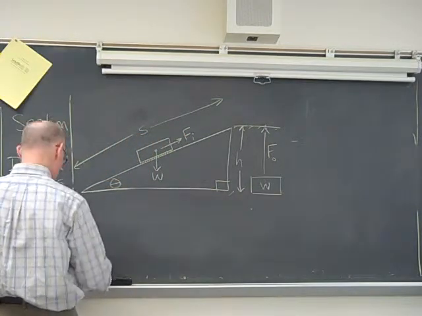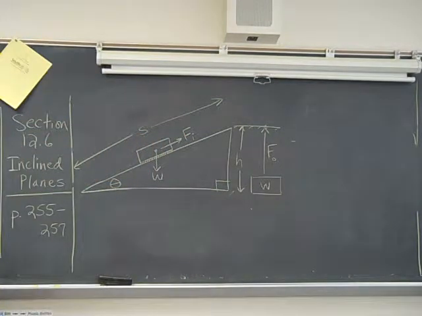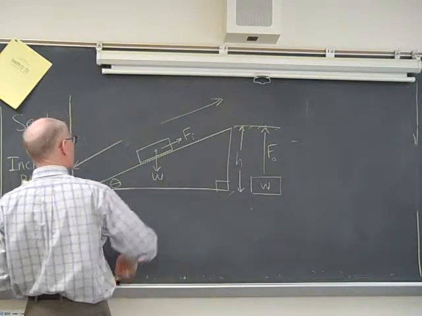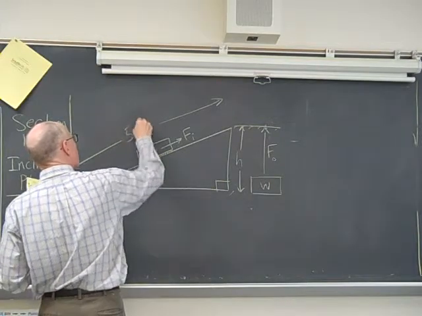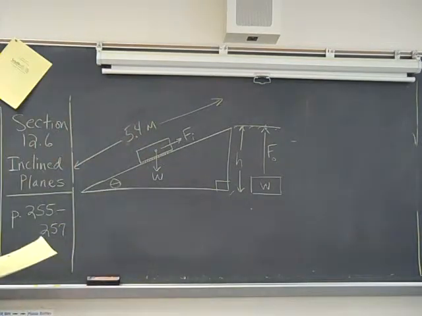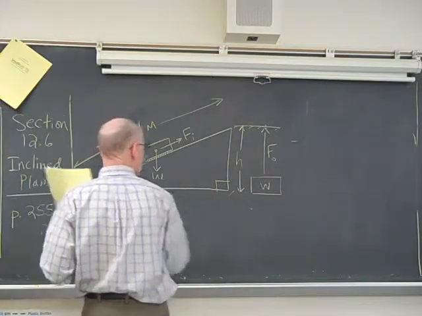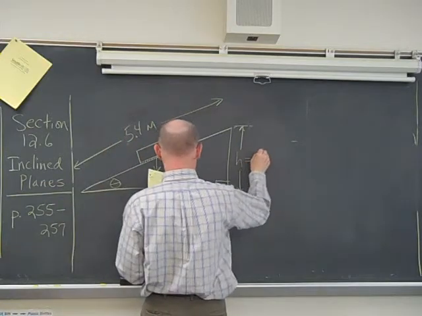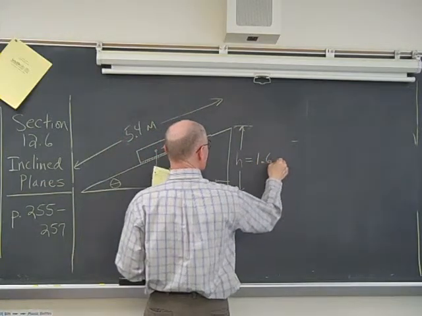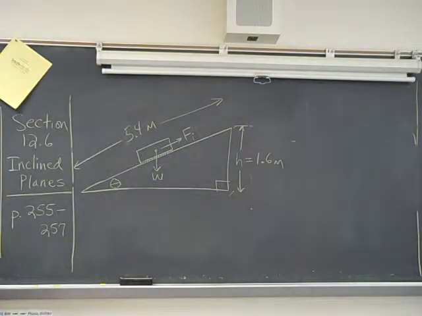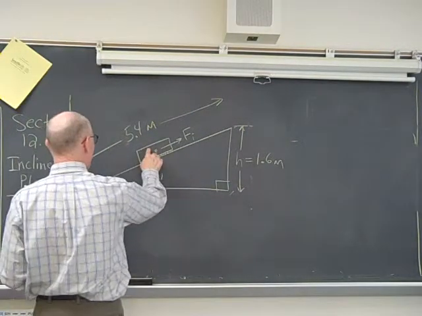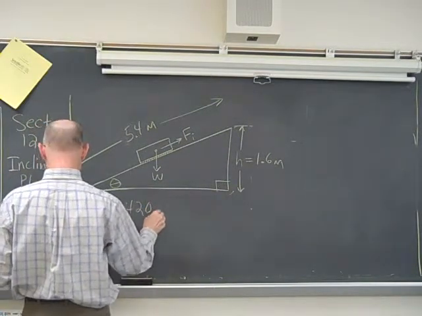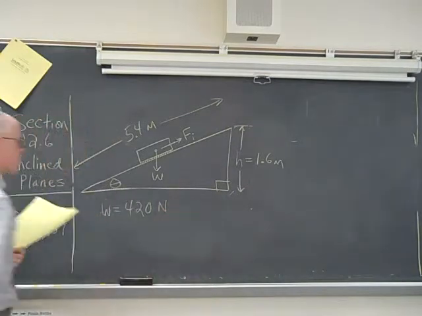So just use this same sketch, and let's say we have a distance along the plane of 5.4 meters, and let's say we have a height of 1.6 meters. And then let's also say the weight of the object is equal to 420 newtons.